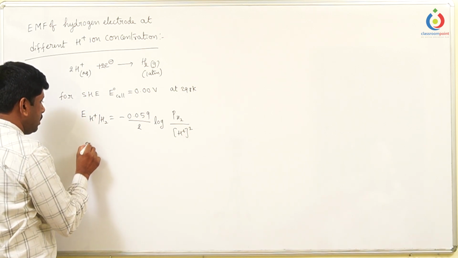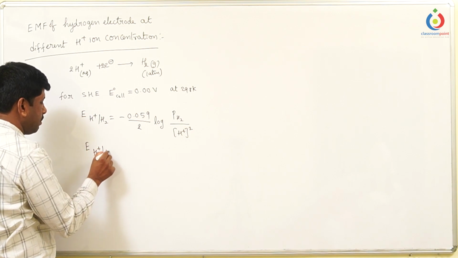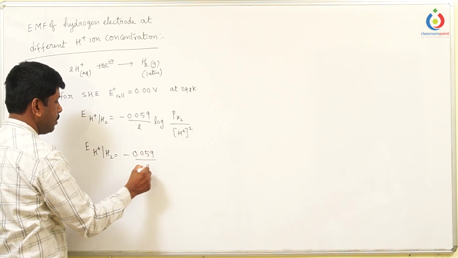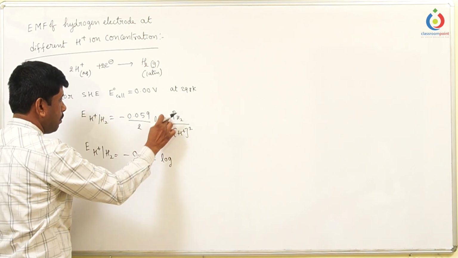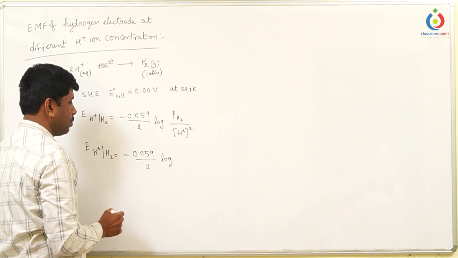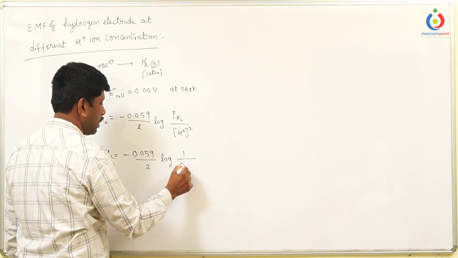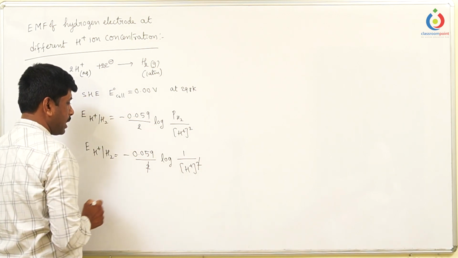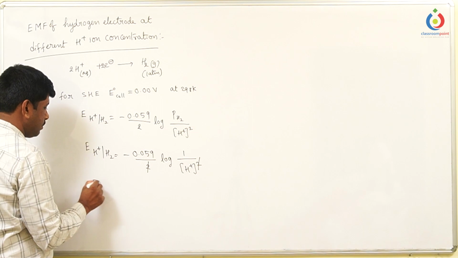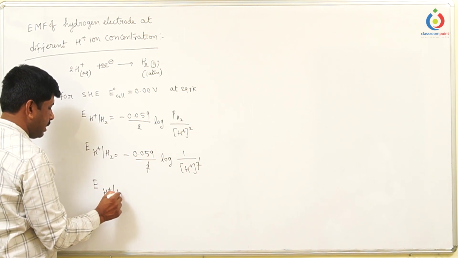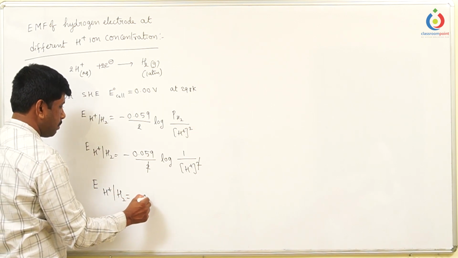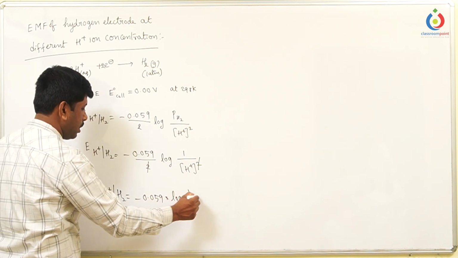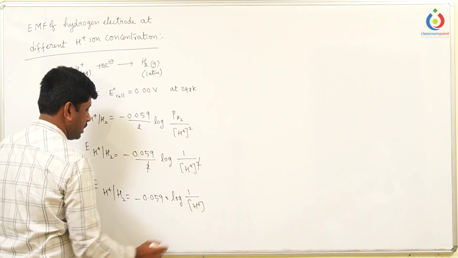Now let us substitute the values. E of H plus by H2 is equal to minus 0.059 by 2 into log of partial pressure of hydrogen gas, which is 1 atmosphere, by the concentration of H plus ion squared. So this 2 and 2 cancel out, and we get E of H plus by H2 equal to minus 0.059 into log 1 upon concentration of H plus ion.